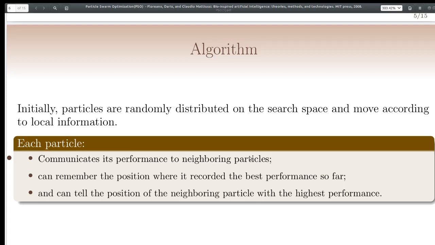Each particle communicates its performance, that means its best position, to the neighboring particles, as well as remembering the best position recorded so far. At the same time, it can perceive the position of the neighboring particle with the highest performance.